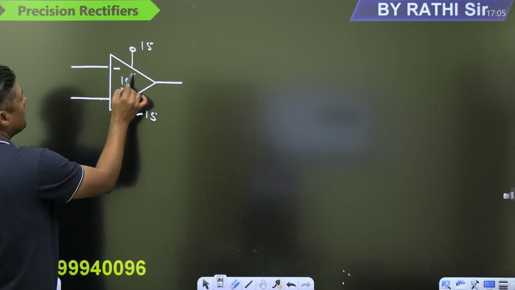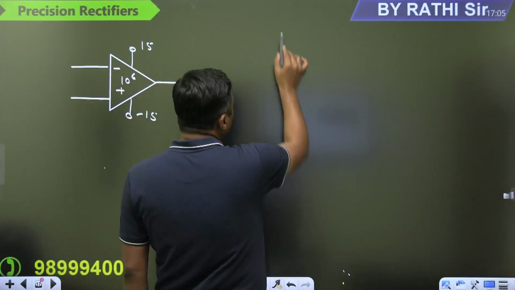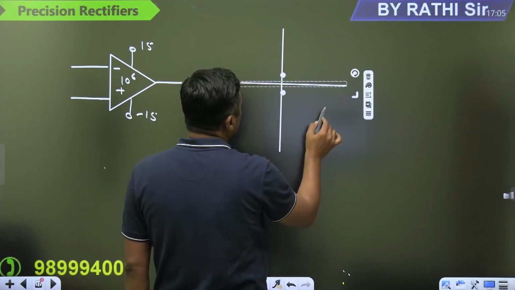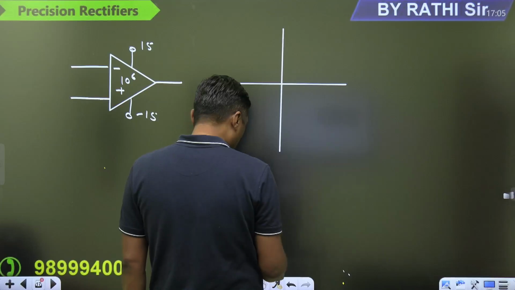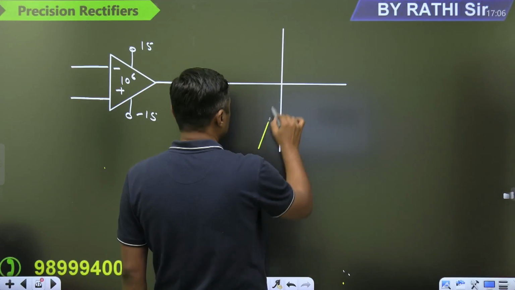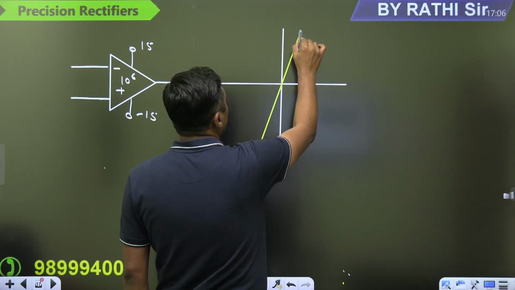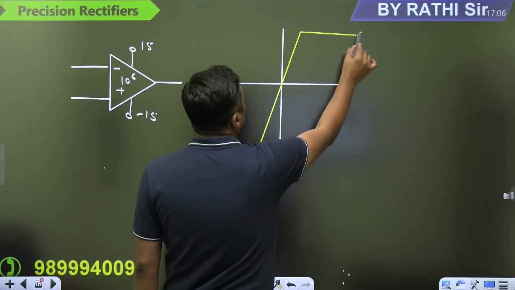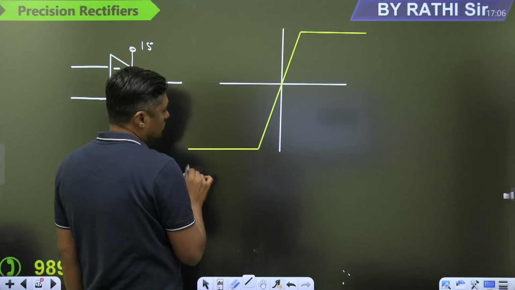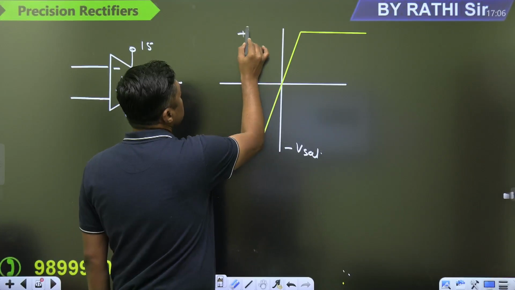And what is the gain of the op-amp? Very, very high, that is 10 to the power 6. If you are giving a very, very small input, then the operational amplifier will go into saturation, plus Vsat or minus Vsat.